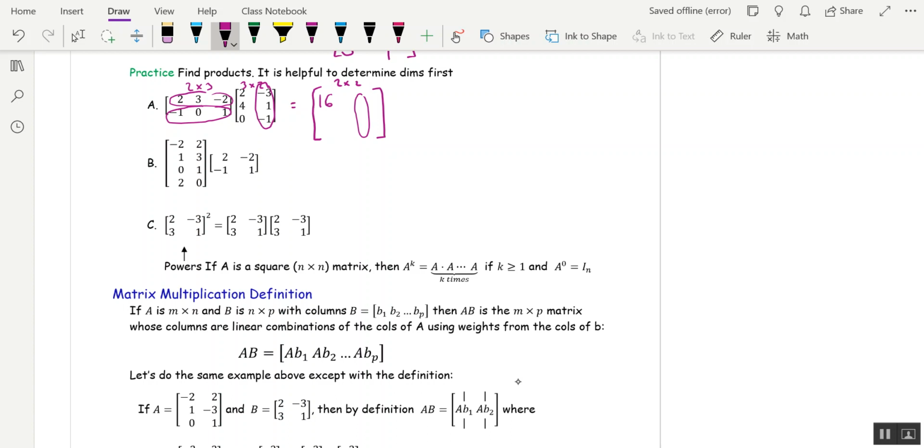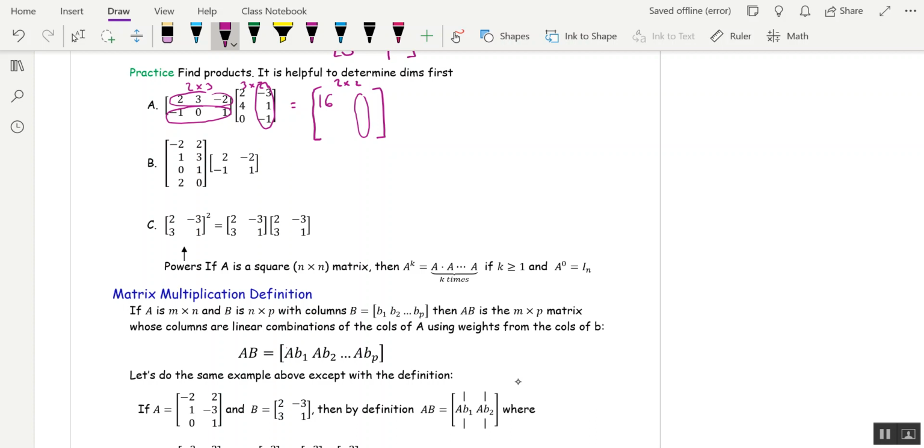So symbolically, the first column of AB is the matrix A times the column B1. The second column of the matrix AB is the matrix A times the column B2.